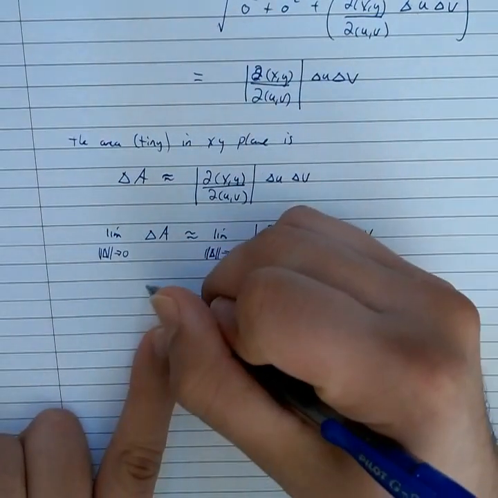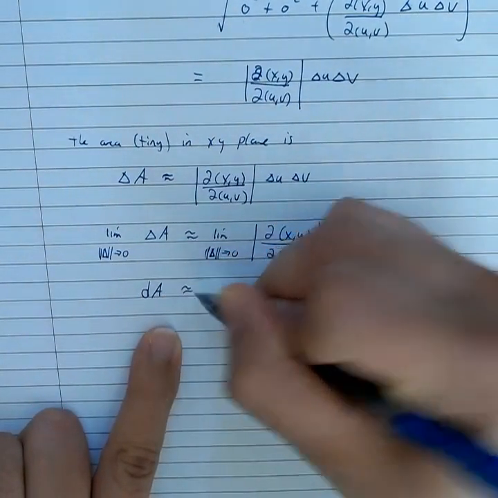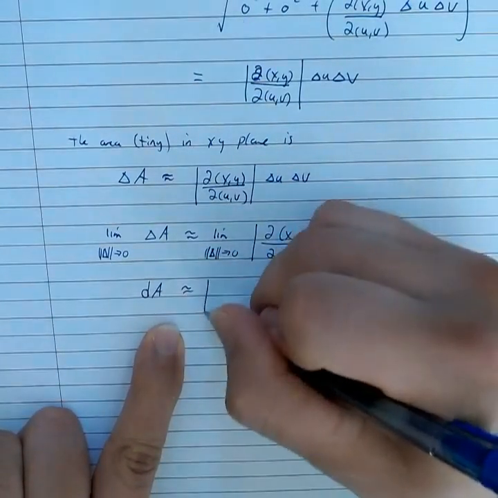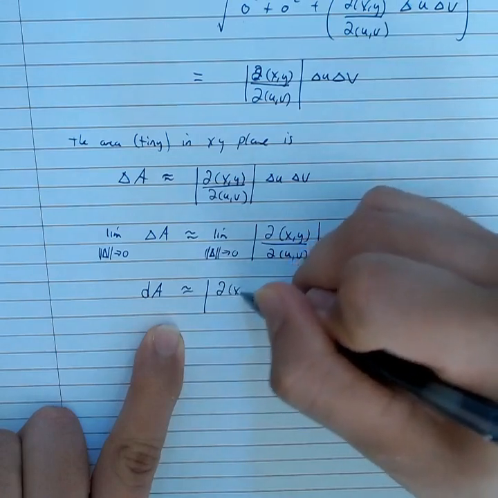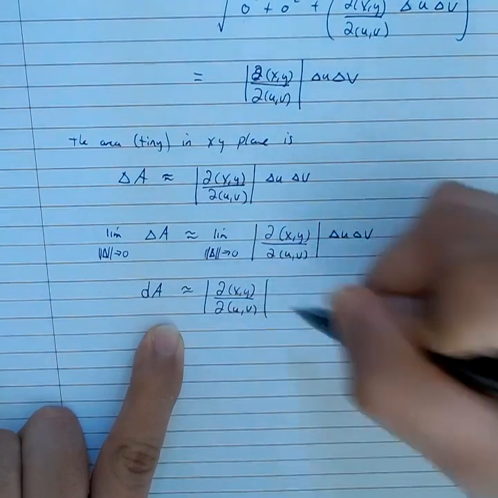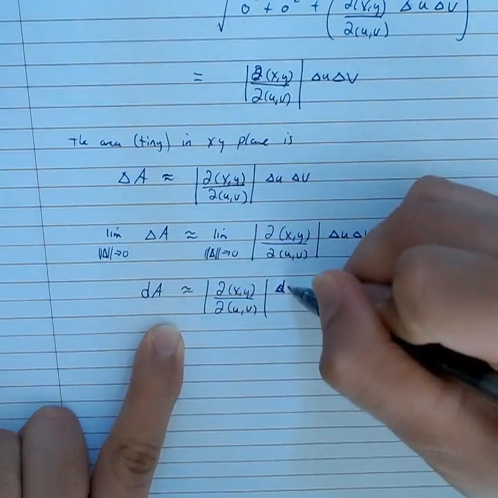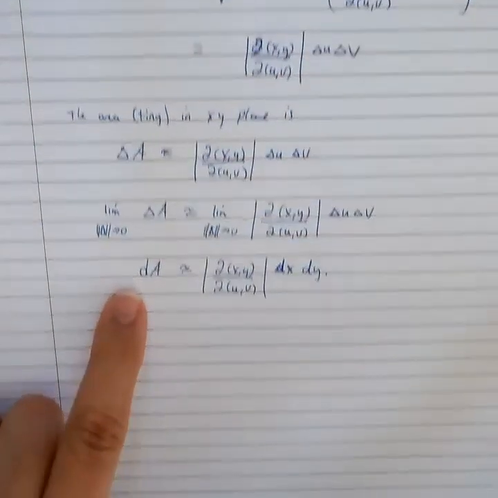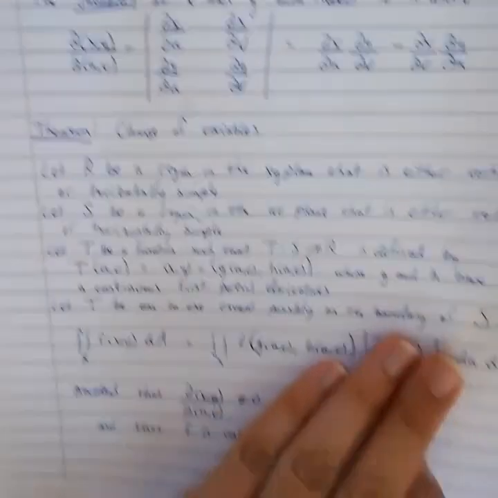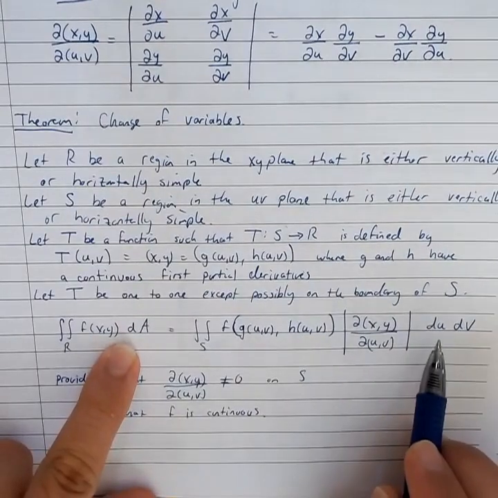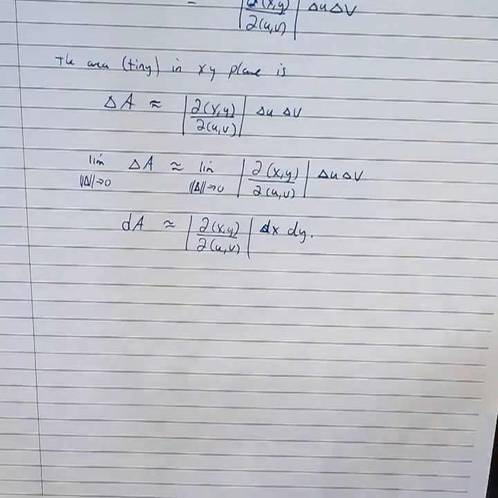So here we end up with dA is approximately given by the absolute value of the Jacobian times dx dy. And so if we're changing our variables, this differential in terms of area can be written as the absolute value of the Jacobian times the differential of your new variables, just like that.